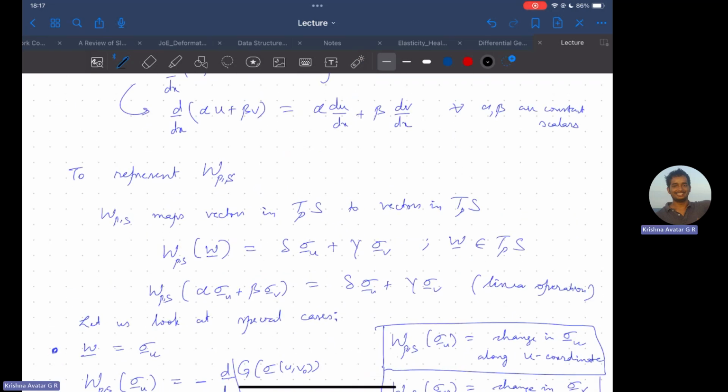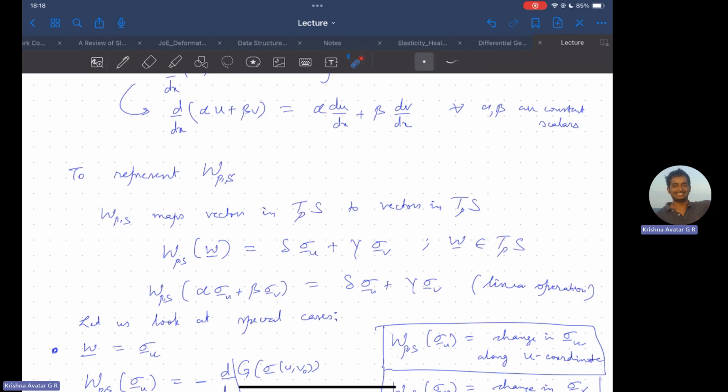Now our goal remains to understand, or essentially to represent, the Weingarten map, right? So we started with a general vector W which lies in the tangent plane, and since it maps to a vector in the plane itself, let's have a general representative as W equals alpha sigma u plus beta sigma v, and W_P of W equals delta sigma u plus gamma sigma v.